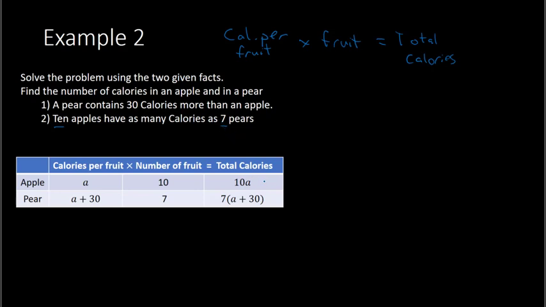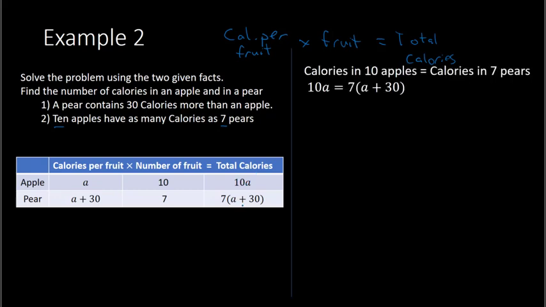So I can say that 10A, these total calories for apples, equals 7 times A plus 30, the total calories in pears. So this would be my equation that I can solve. So the hard part is getting the equation and filling in the table. The solving, we should be able to do that pretty well at this point, but make sure you can get this equation.